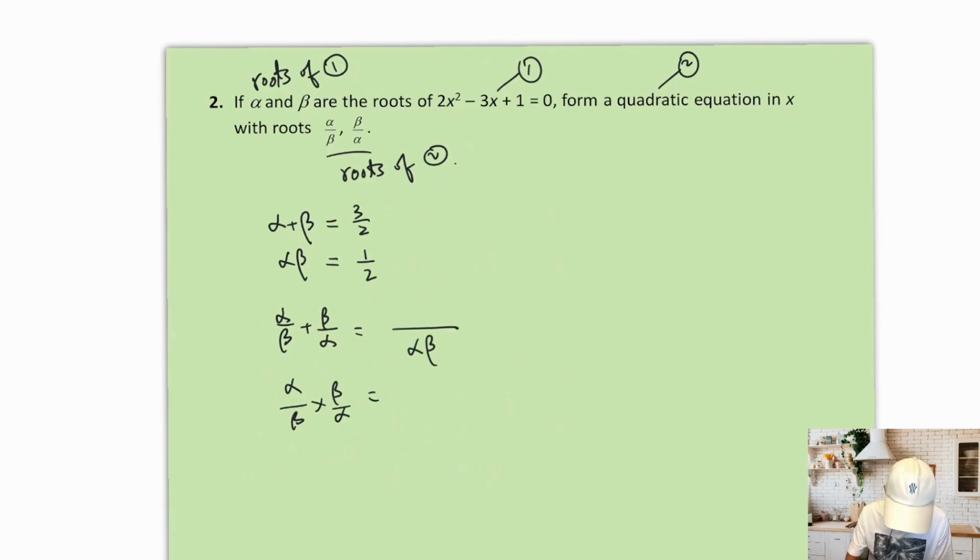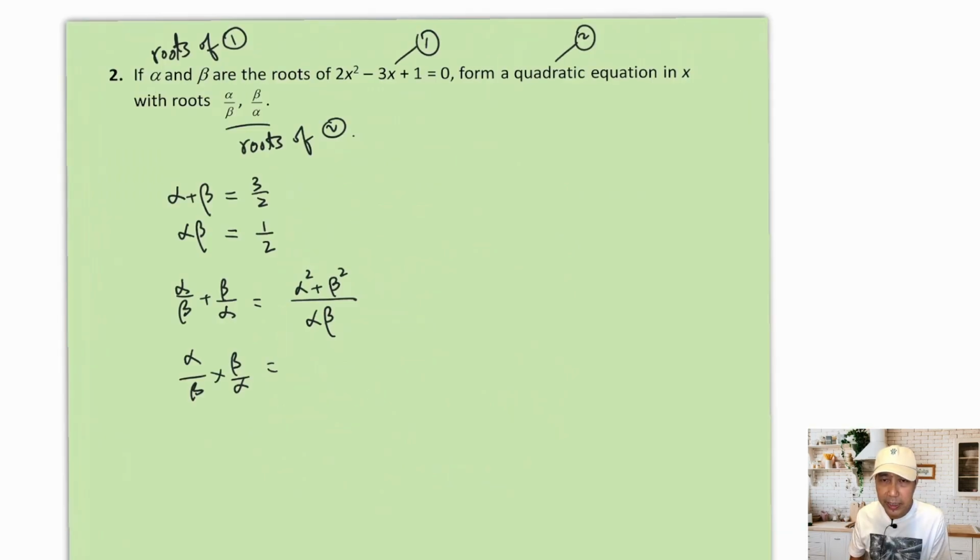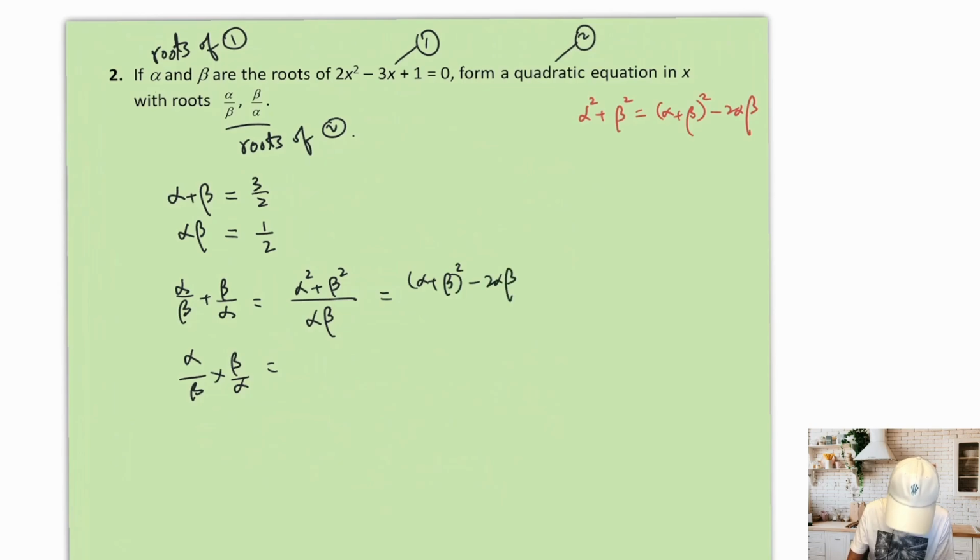On top will be alpha squared plus beta squared. In the numerator, I think I have introduced an equation for you to remember, so we can use this formula. It becomes alpha plus beta squared minus 2 alpha beta, over alpha beta.